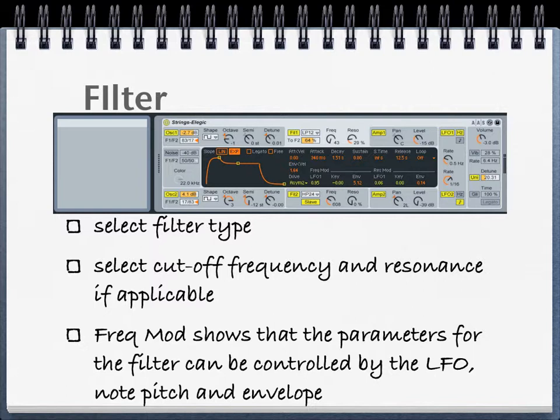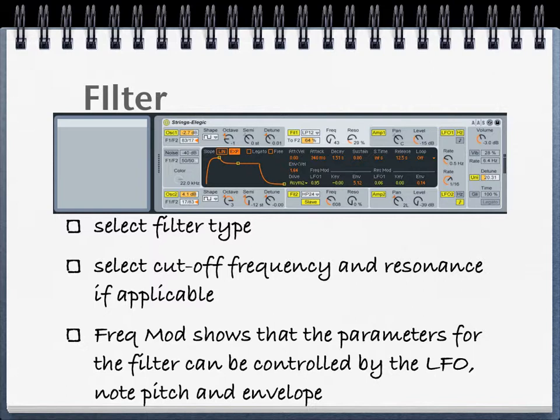Again, hovering, I see I can choose from 2 types of low pass, 2 types of band pass, 2 types of notch, 2 types of high pass, and 2 types of formant filters. You can also control the cutoff frequency, if applicable, and the resonance frequency, if applicable. And these things can be controlled using the low frequency oscillator, the note pitch, and or the envelope.